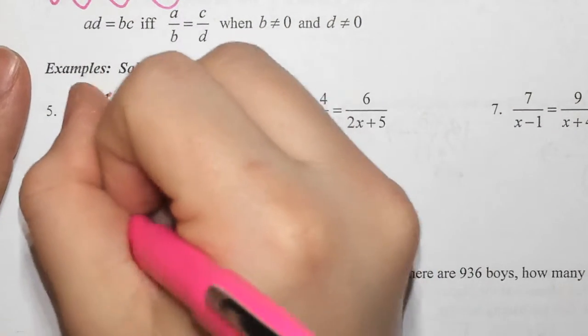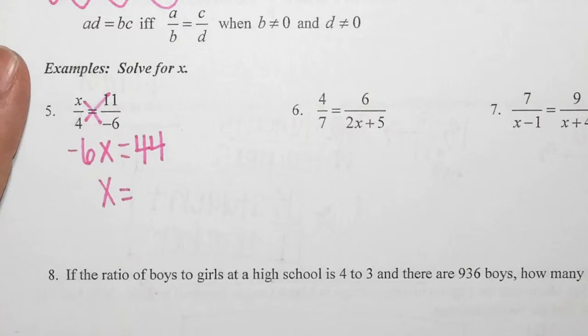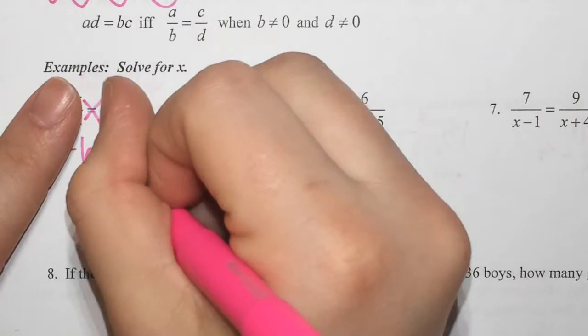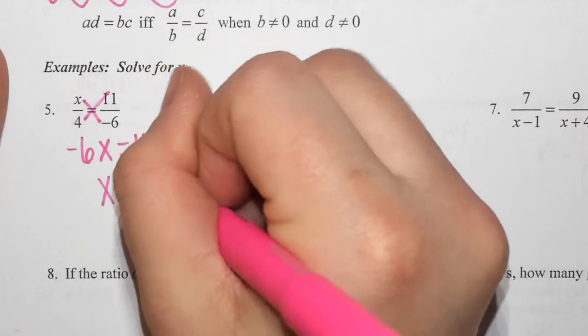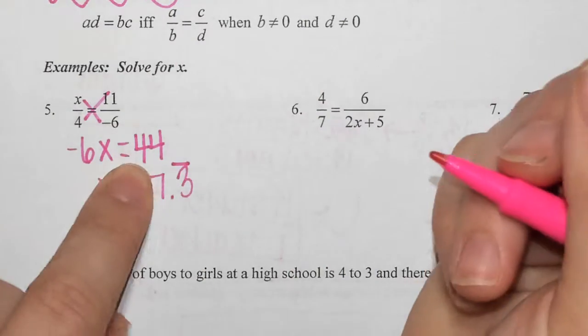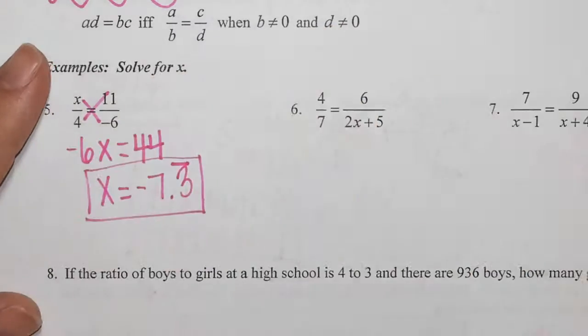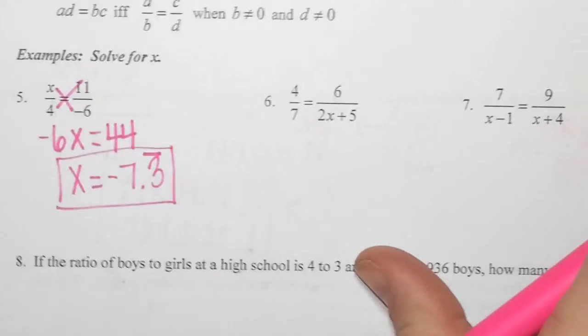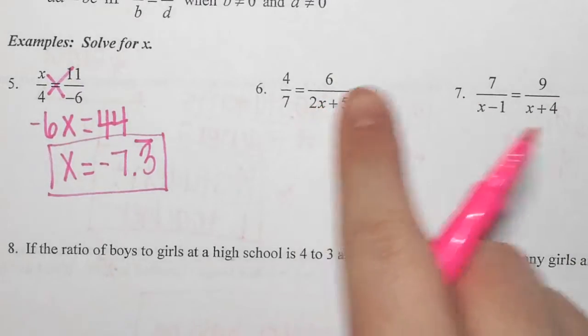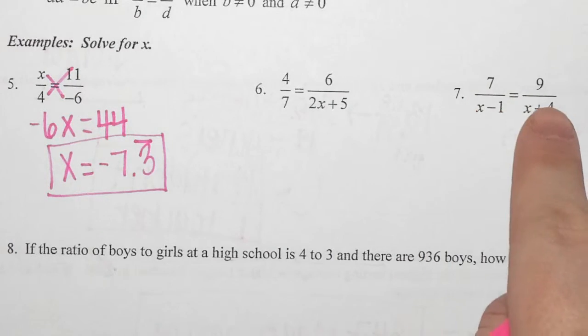Divide by negative 6. And let's just say negative 7.3, and then it's repeating, so put your repeating bar. That's your answer.